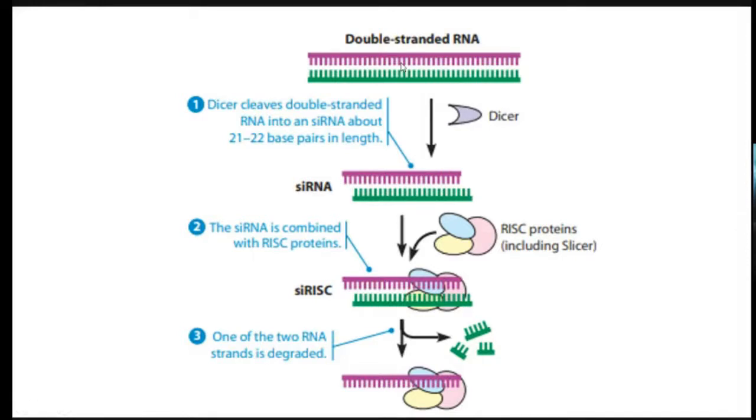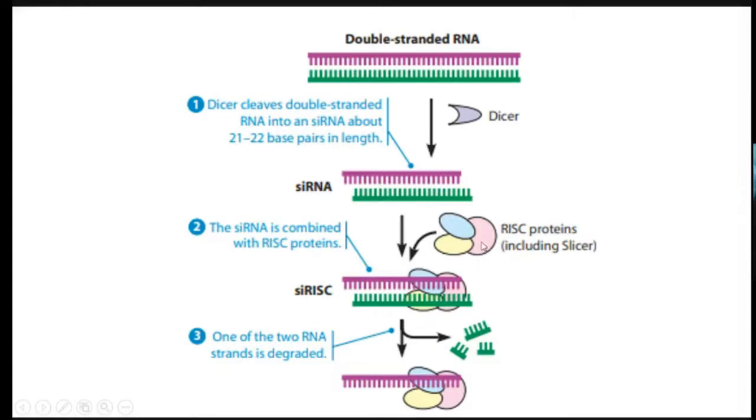So what happens first is, once you insert a double-stranded RNA, a protein called dicer cleaves the double-stranded RNA into a small interfering RNA about 21 to 22 base pairs in length. So yung dicer, madali lang siya tandaan kasi dinadice niya yung double-stranded RNA tapos pinuputol niya. Tapos gumagawa ka na ngayon ng small interfering RNA. And this siRNA or small interfering RNA combines with the RISC proteins.